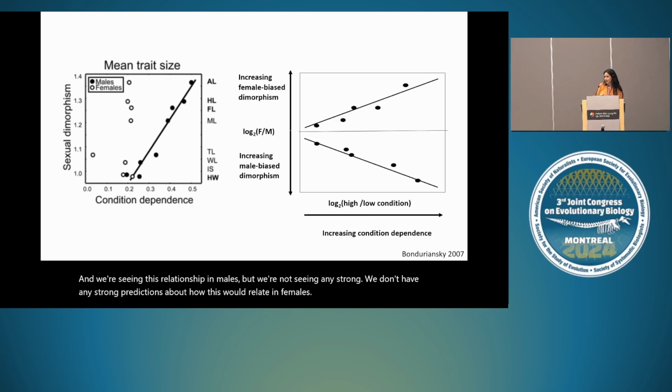And so because we are looking at a phylogeny that exhibits both female and male bias dimorphism, we've computed our measure of sexual dimorphism a little differently. And so an equivalent line to what you're seeing in that Bonduriansky 2007 paper is shown in that bottom quadrant, where as male bias dimorphism increases, we're seeing an increase in condition dependence.